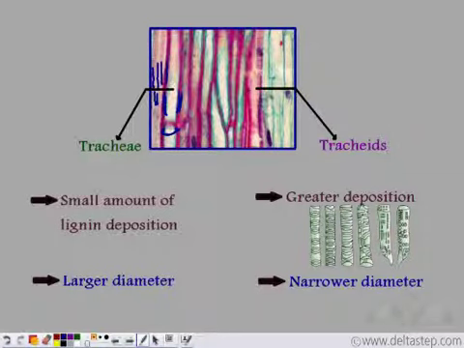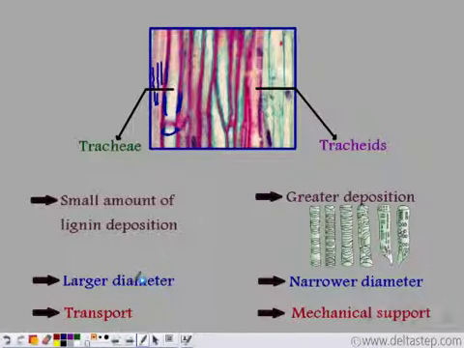But the tracheids, you've seen that they have a very narrow passageway because of the deposition of a greater amount of lignin on their cell walls. So the passage becomes very narrow, so they cannot conduct a lot of water from the root to the leaves. Though they conduct water, their main function is to provide mechanical support in the plant. So since tracheids have highly lignified walls, they provide mechanical support in the plant.